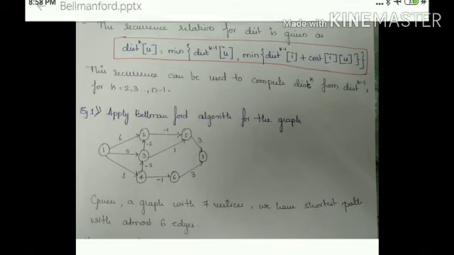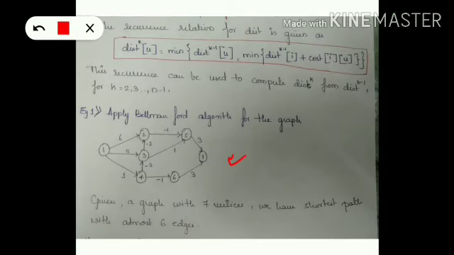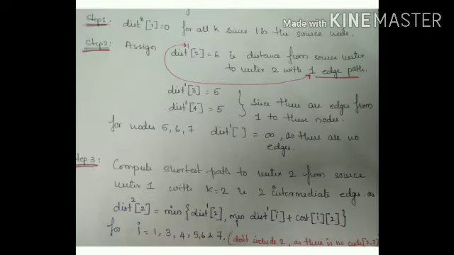So here we are given the graph. It's a directed graph. It also has edges which have negative weights in it, right? So let us try to find the shortest path to all of the vertices starting from vertex 1. Let us consider vertex 1 to be the source vertex. So the very first step is to assign dist of k of 1 equal to 0.